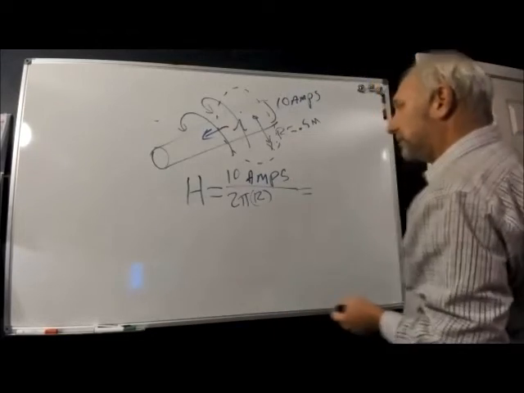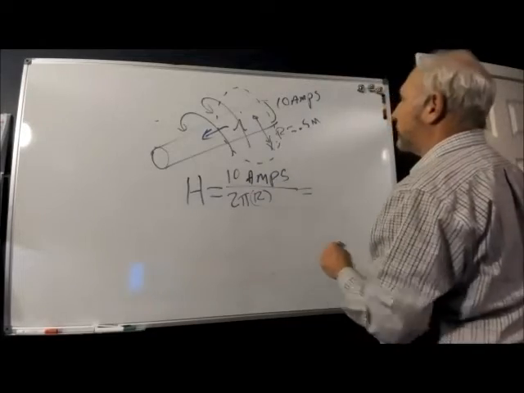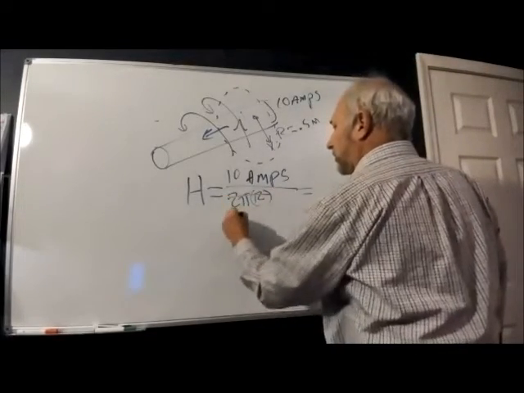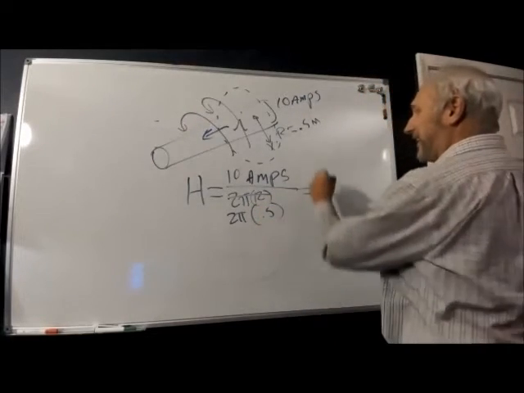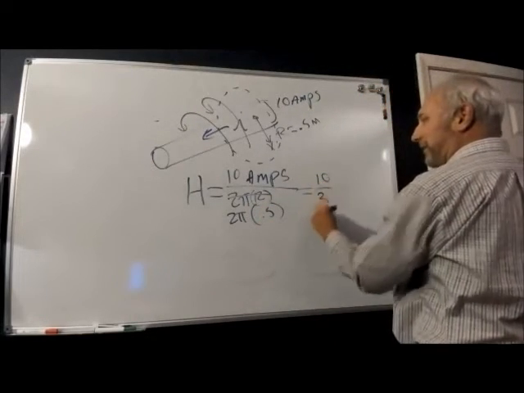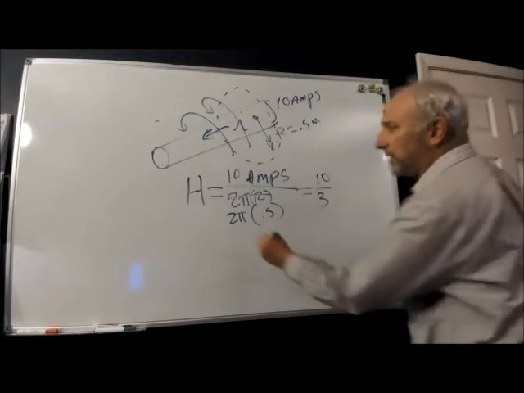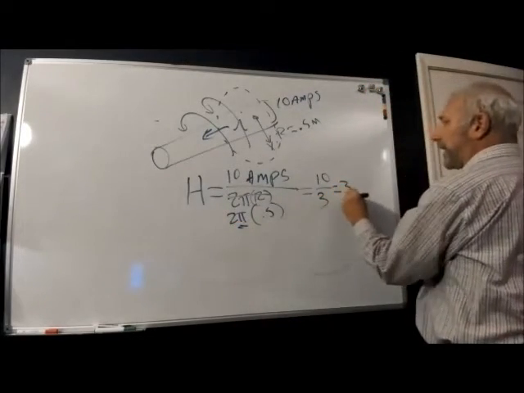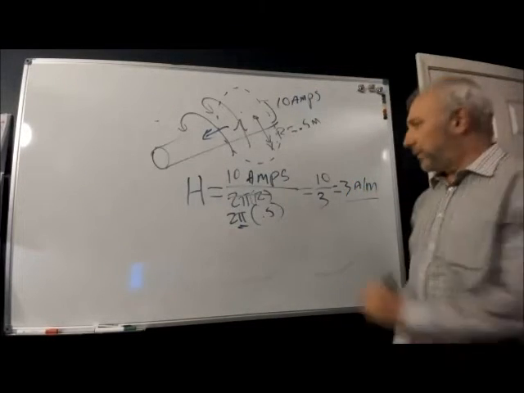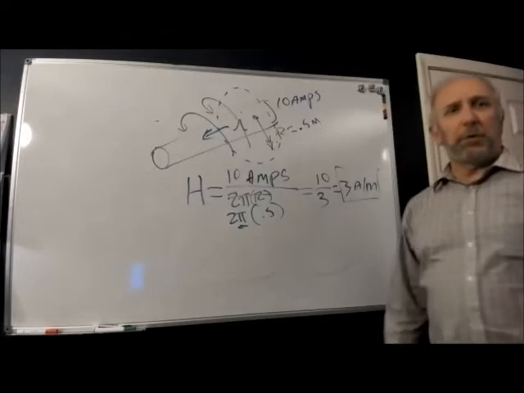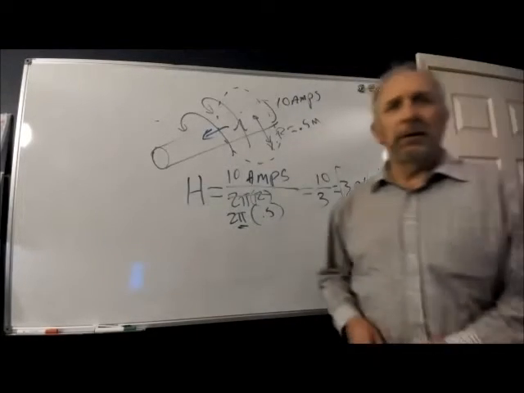What is the magnitude of the magnetic field vector? This is 10 divided by about 3. There are two ways to do things, the hard way and the engineering way. It's about 3, so we have a magnetic field of about 3 amps per meter. Okay, questions on that?